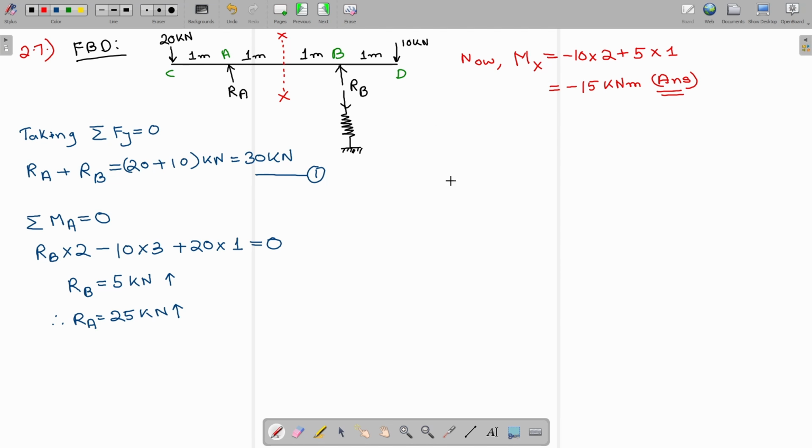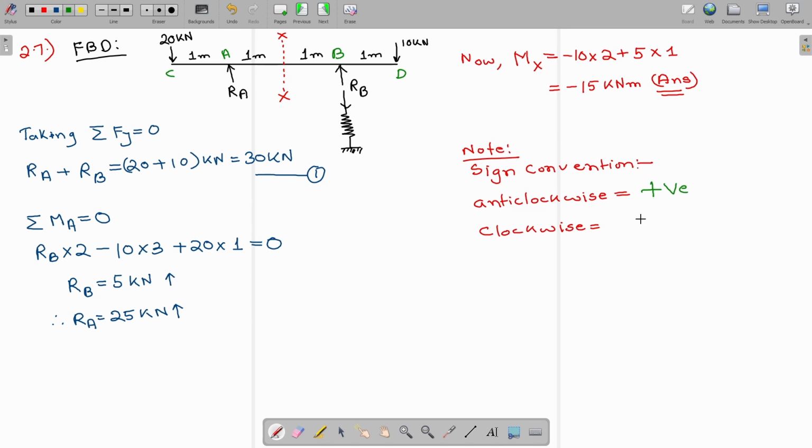Sign convention, let me write the sign convention. This is a note. Note sign convention: anti-clockwise, clockwise. Anti-clockwise is always positive and clockwise is negative.